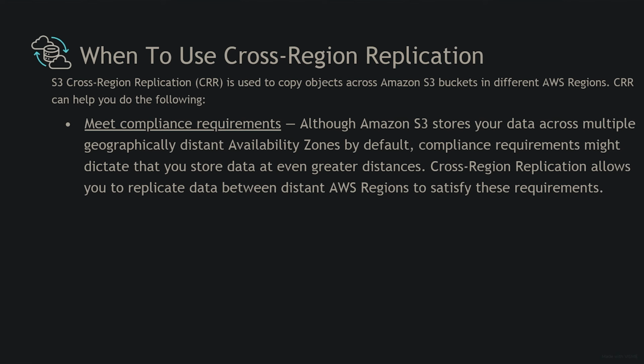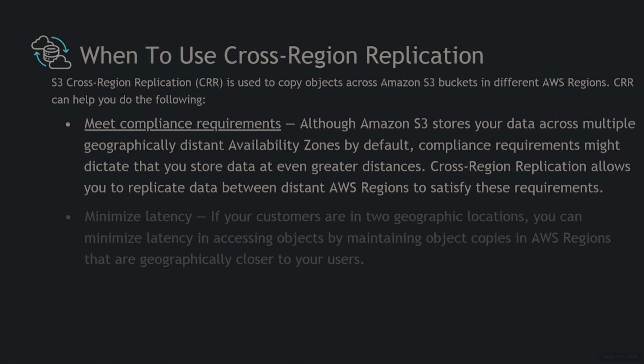The first one is meet compliance requirements. Although Amazon S3 stores our data across multiple geographically distant availability zones by default, compliance requirements might dictate that we store the data at even greater distance. Cross-region replication allows us to replicate the data between distant AWS regions to satisfy these requirements, right?